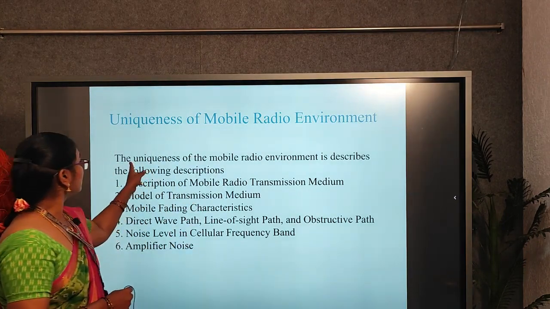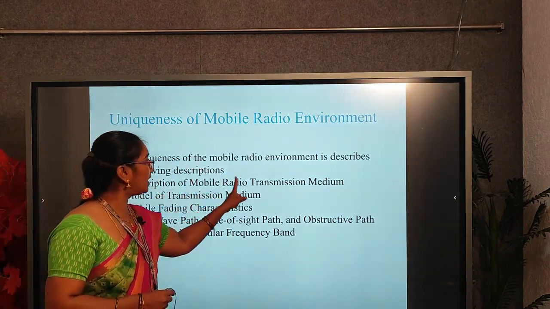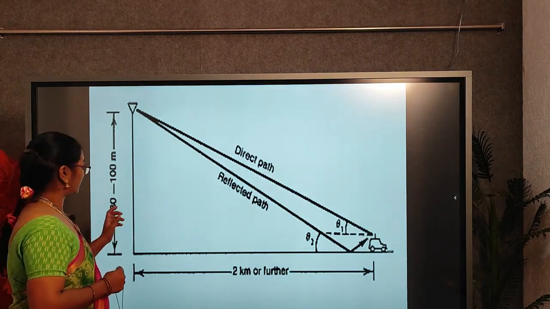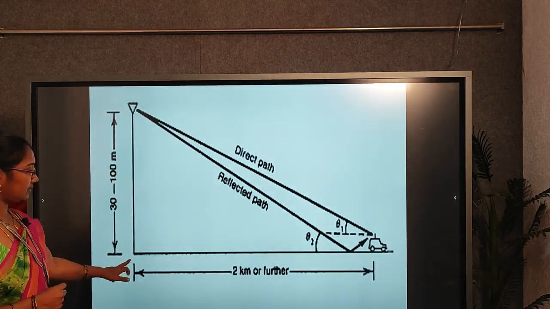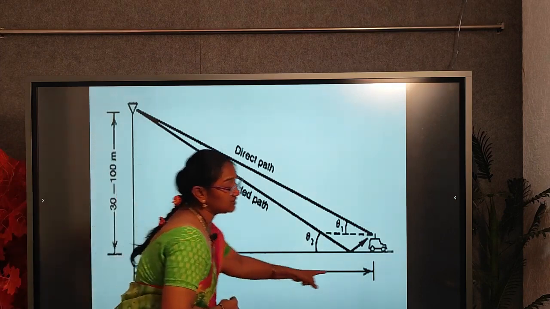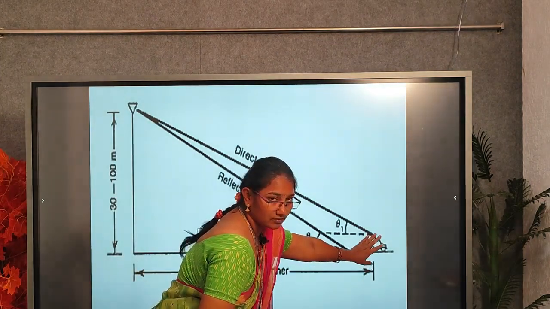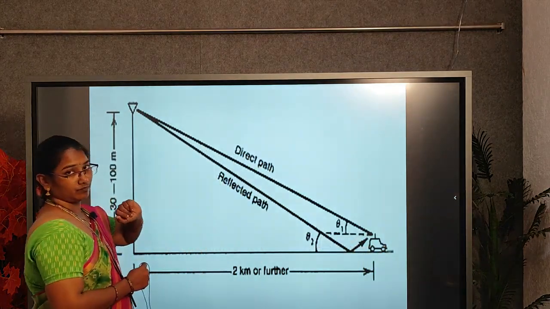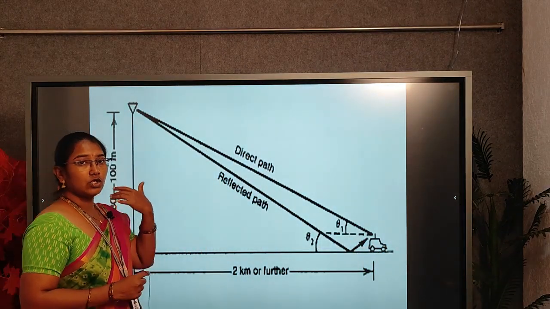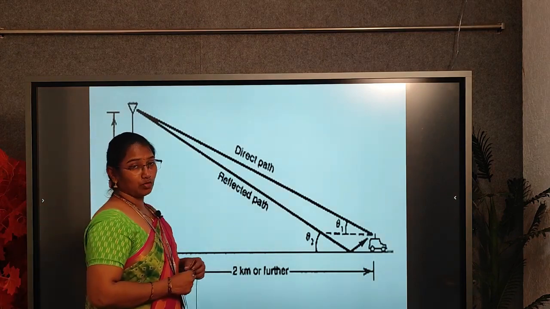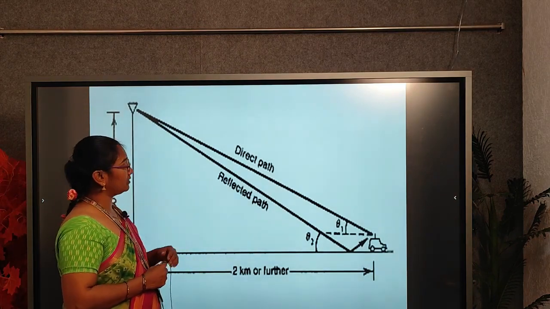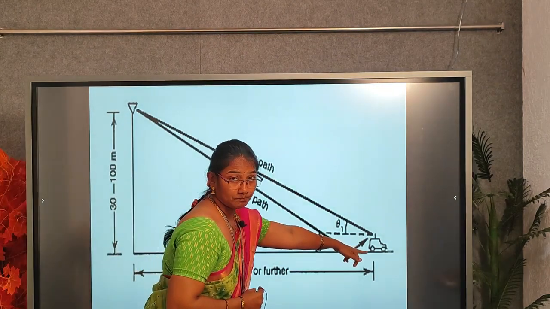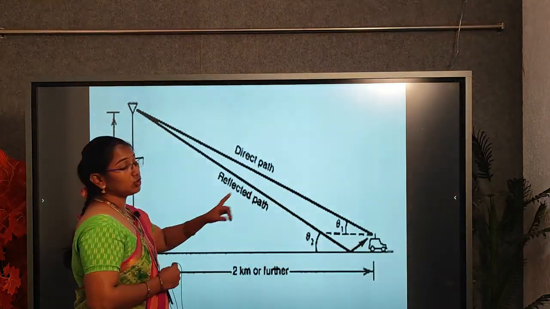The first one is the description of the mobile radio transmission medium. See here, this is the antenna height and this is the distance. For example, the mobile is in a vehicle, and some person is calling on the mobile in the vehicle. From the transmitting antenna to the mobile, there are two signals.